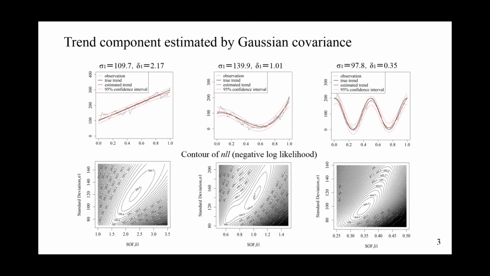This red line indicates the estimated trend line, and the 95% confidence interval. This is the estimated trend, for example, 2 and 3. It looks good, right? This is the result found with the Gaussian covariance for the estimation of the trend component.